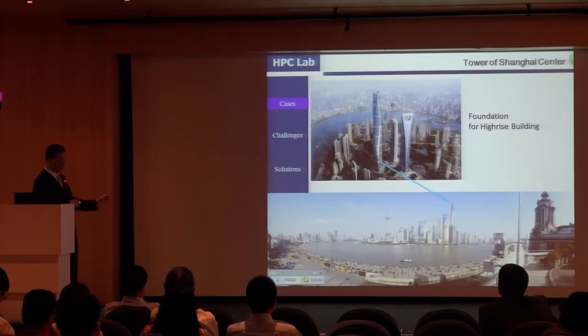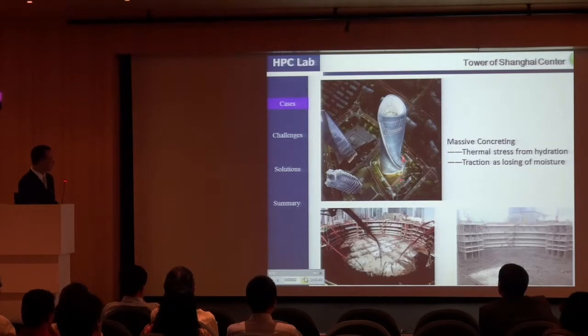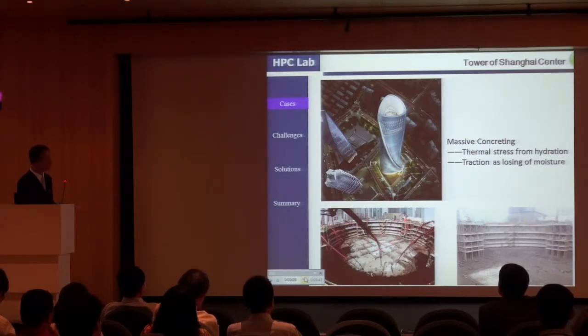I'm not working on the upper structure, but the basements. Usually, for a high-rise building, the basements are excavated very deep. You will find the person preparing the reinforcements looks very tiny compared with the huge foundation. The depth of this excavation pit is around 36 meters.